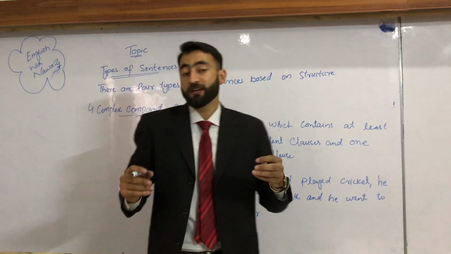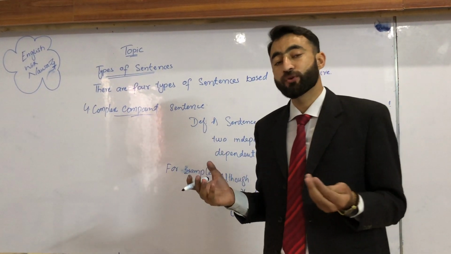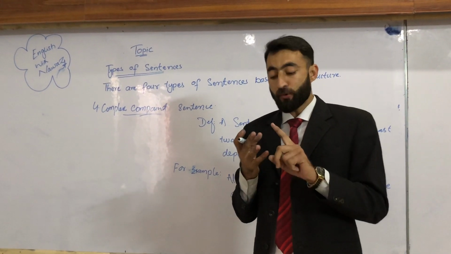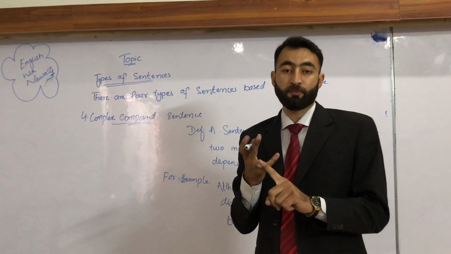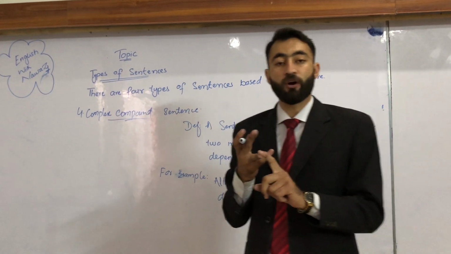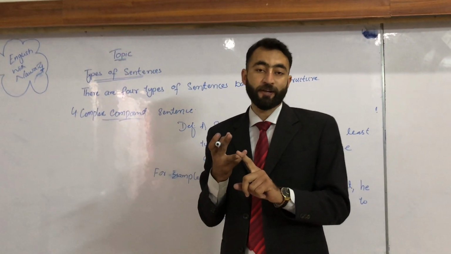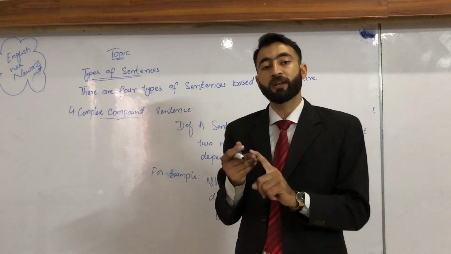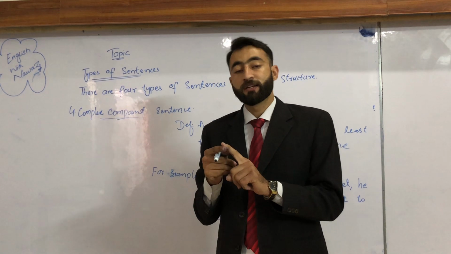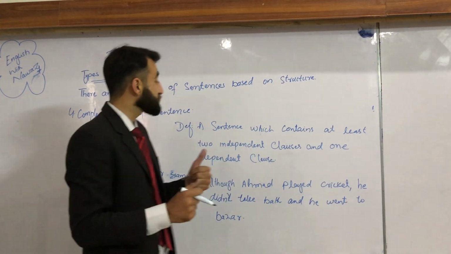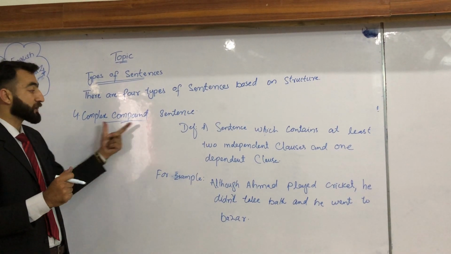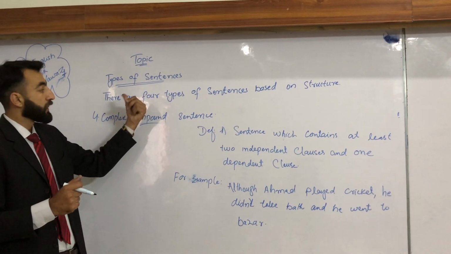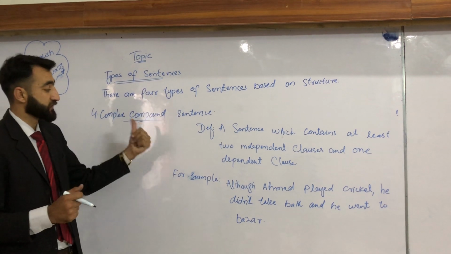So dear students, dear viewers, as I told you, a simple sentence contains one independent clause. A compound sentence contains two independent clauses with the usage of a comma and subordinate conjunctions. While the complex sentence contains at least one independent clause and one dependent clause. But here, last but not least, the complex compound sentence takes both of these types of sentences.